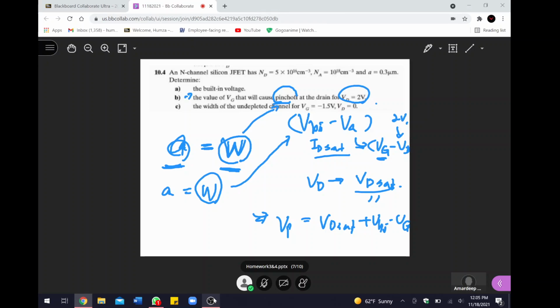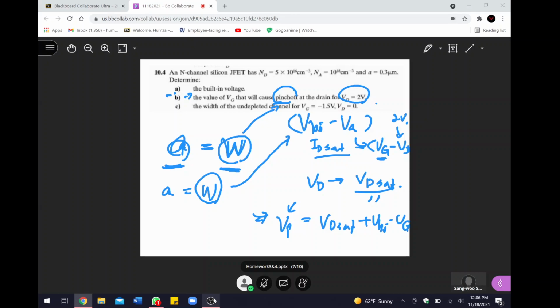Professor, so VD saturation is given, right? That's the 2 volts. VBI we calculate using the old formula you gave us, and then VP we just calculate using the same A. Yeah, you can calculate that way. But for this one, you don't need to calculate the VP.